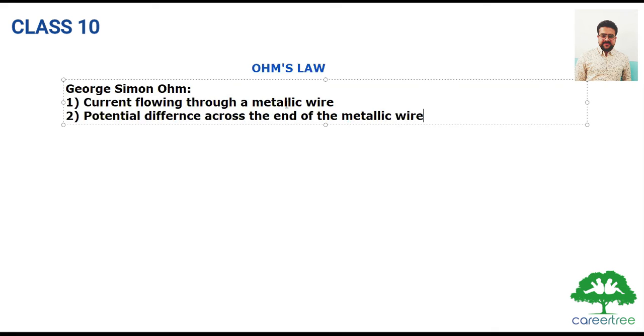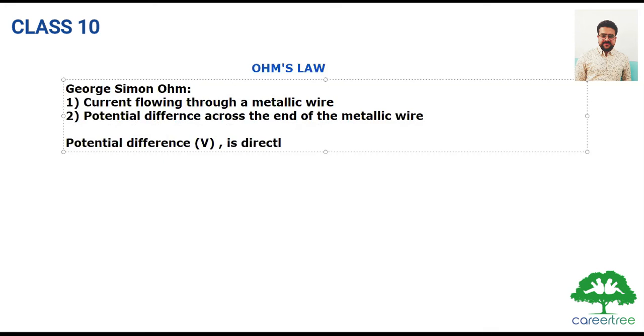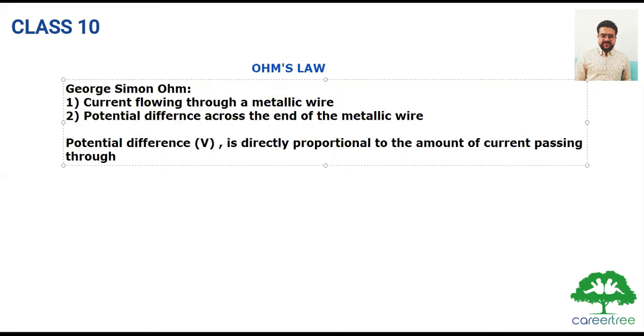What his law stated was that the potential difference, which is denoted by V, is directly proportional to the amount of current passing through the wire.